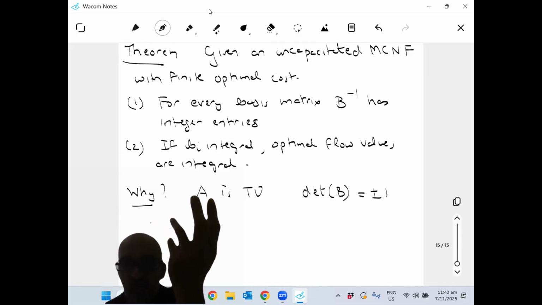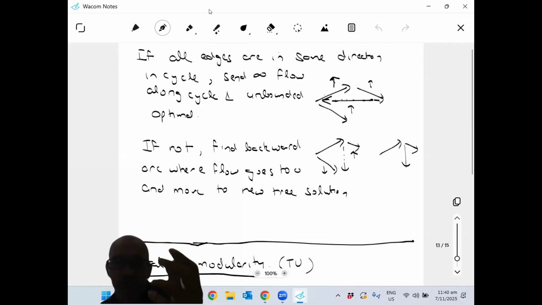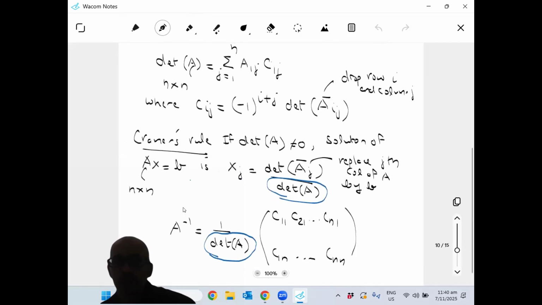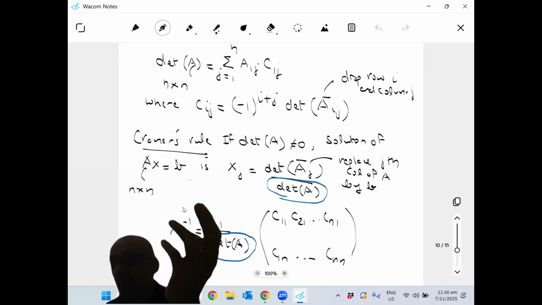For B inverse, the formula for a matrix inverse from Cramer's rule is 1 over the determinant of B times all these cofactors. These cofactors are just determinants of matrices themselves.